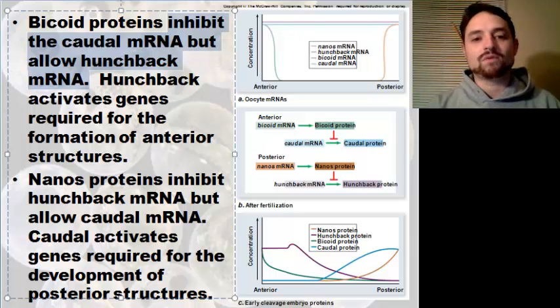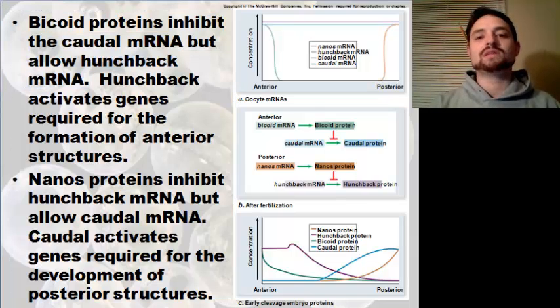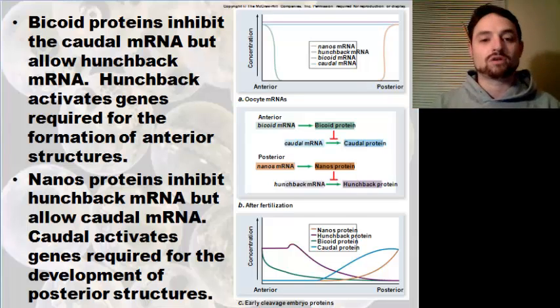What does that mean? Well, the hunchback protein, when it's formed, activates genes required for the formation of the anterior structures. So by the bicoid proteins inhibiting caudal mRNA but allowing hunchback mRNA, you get hunchback proteins that activate anterior structures, or head structures.